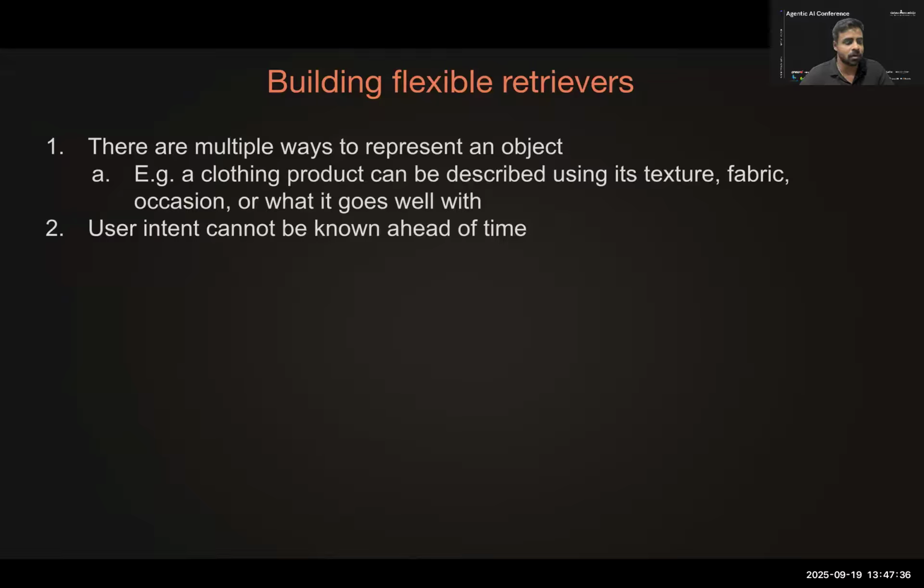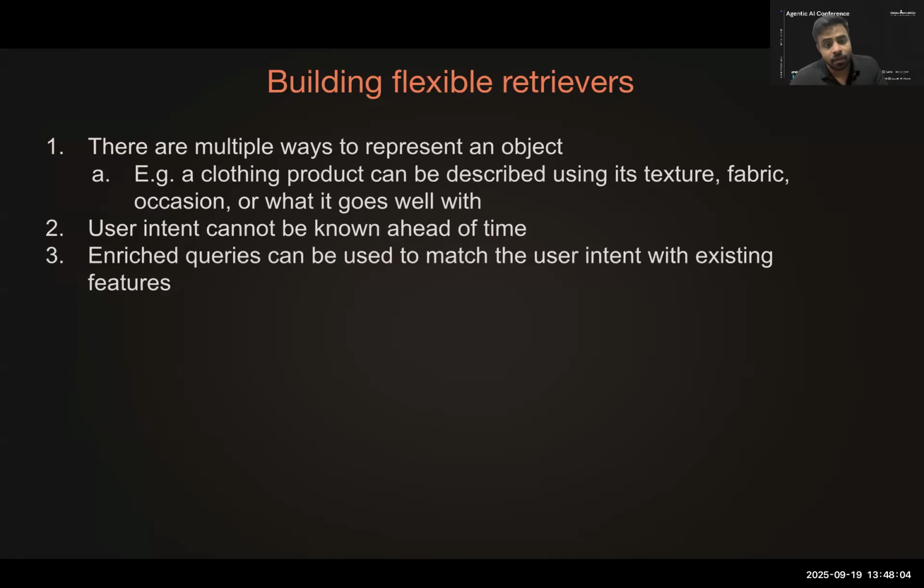So someone might search for a specific kind of shoes based on what they already have, or in some other part of the year someone might just search using brand names or things like that. The user intent cannot be known ahead of time, which makes point one even more important. You need to be prepared to represent objects in different representations.